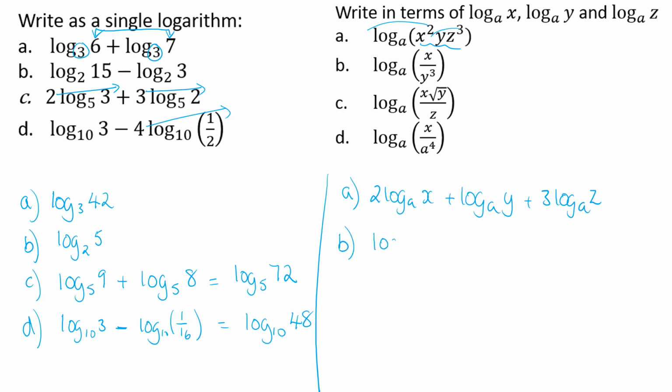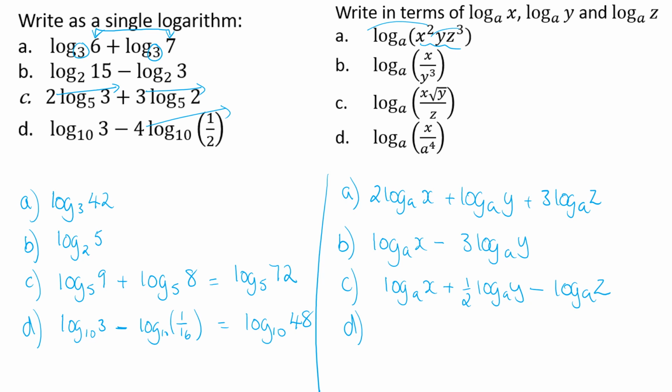B, we're going to have log to base a of x, take away 3 log to base a of y. C, you're going to have log to base a of x plus half log to base a of y minus log to base a of z.